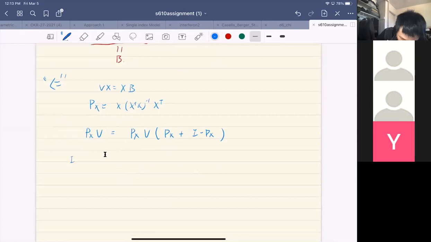So if the V I minus Px is 0, then we can say this is symmetric.